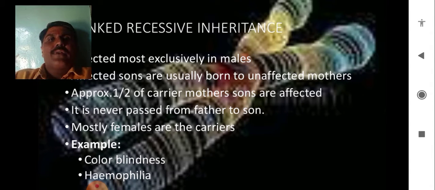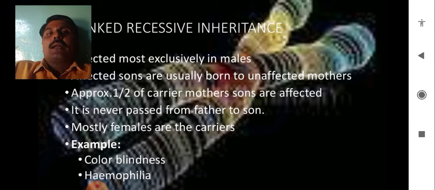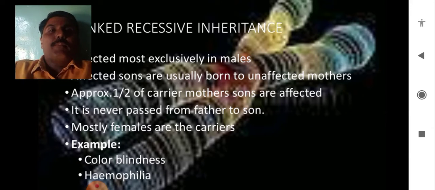When the father is affected and the mother is unaffected, what will be the ratio of daughters and sons with that particular disease and the characters inherited from the parents.